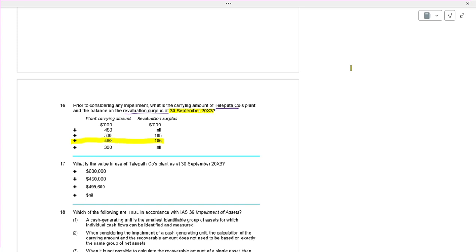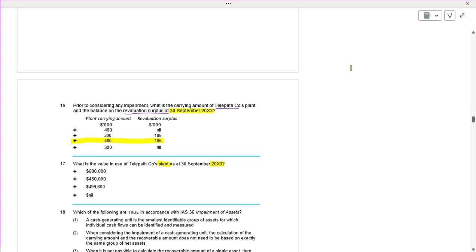Can we do the next one? Yes. What is the value in use? What is the value in use of the plant as at 30th September 2003?